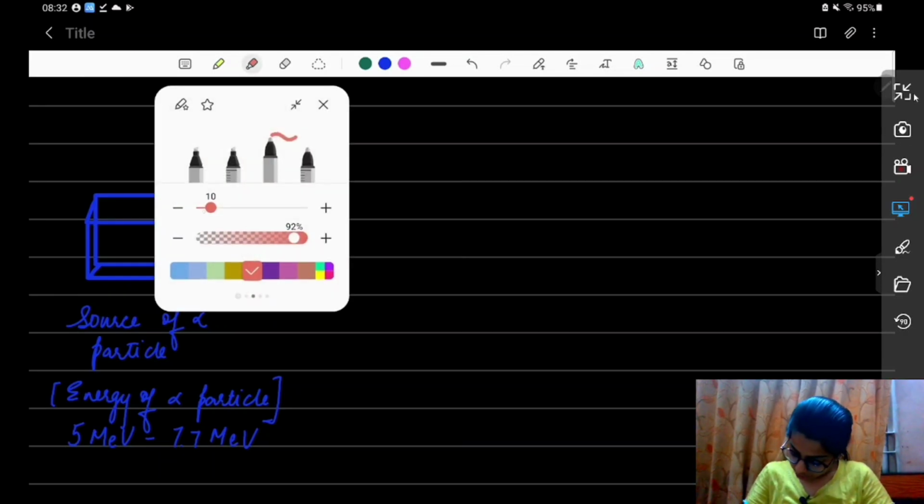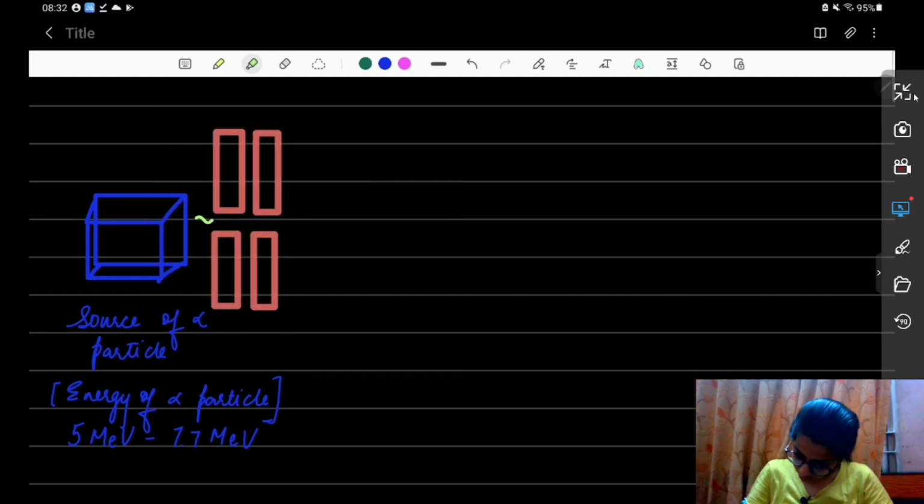Because of which the beam of alpha particles will come from this source like this.